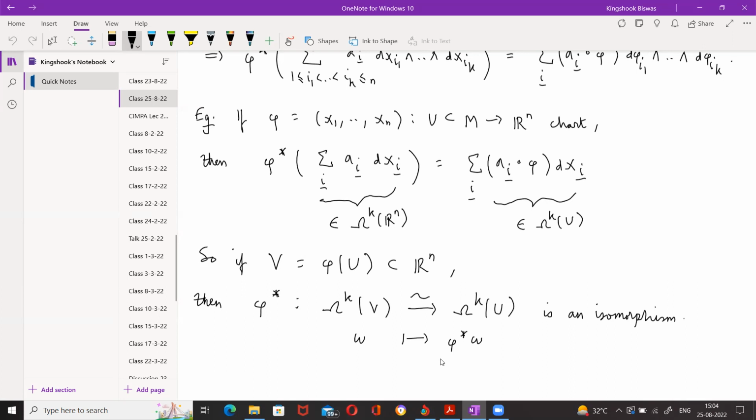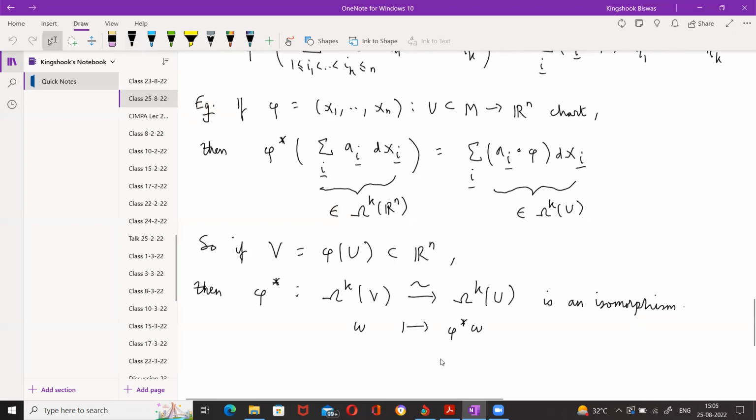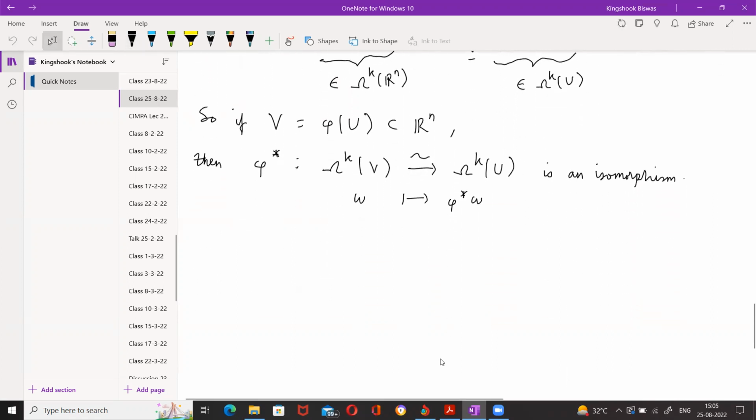All right. So for every K form on U, there is a unique K form on V such that the K form on U is equal to phi star omega. All right. Is this all right? Yeah.